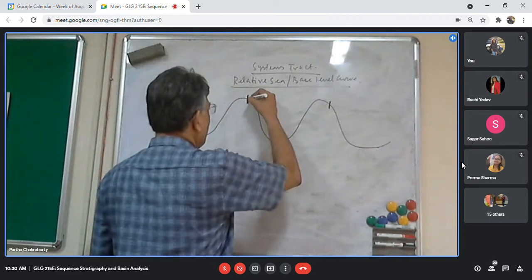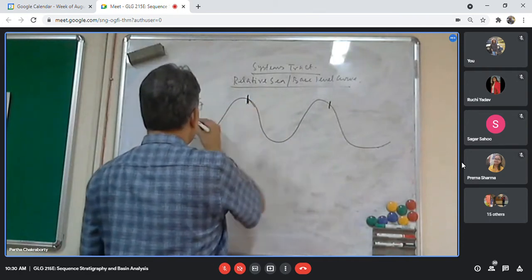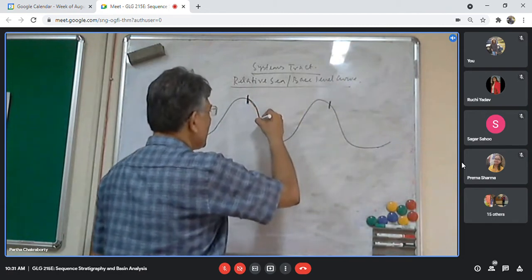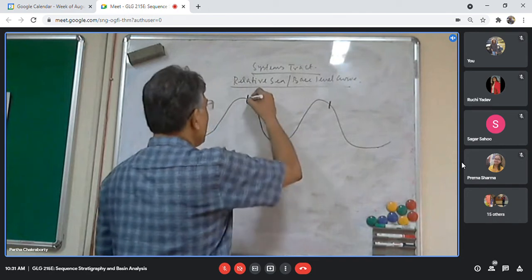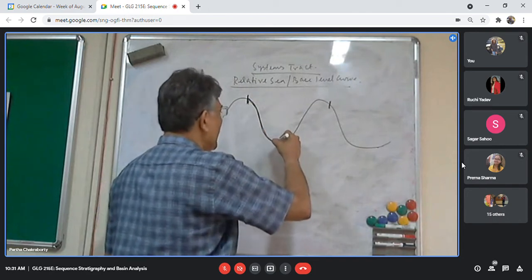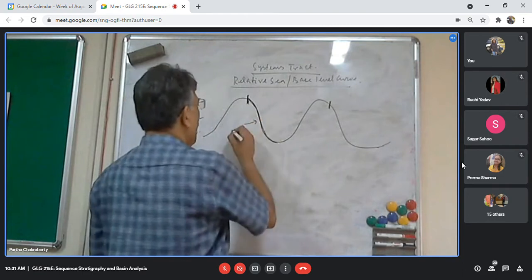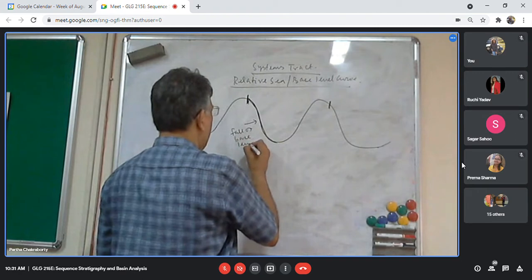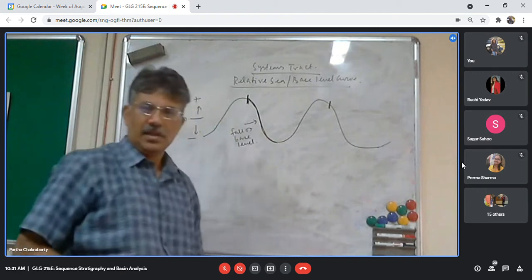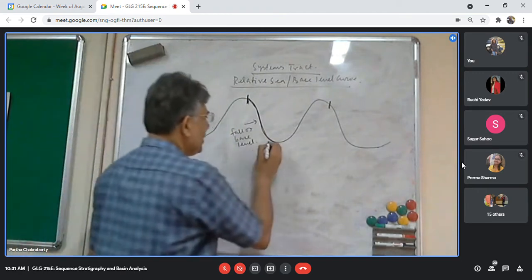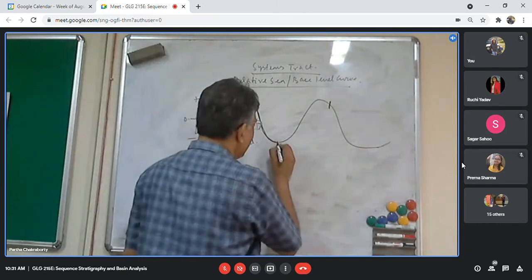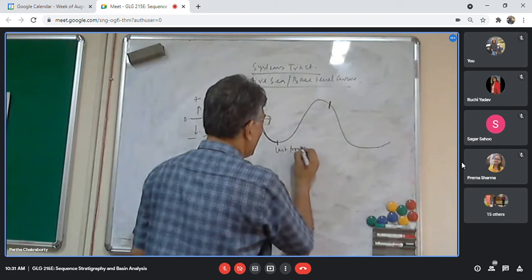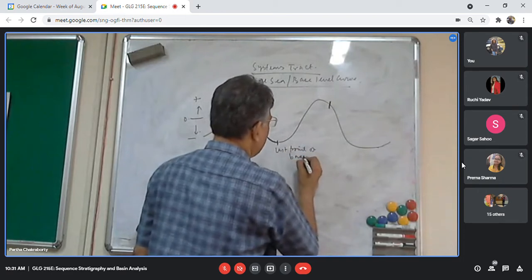If I start from here, the first part of this curve is the fall of base level. Now this base level will be falling, and this is the last point of base level fall.